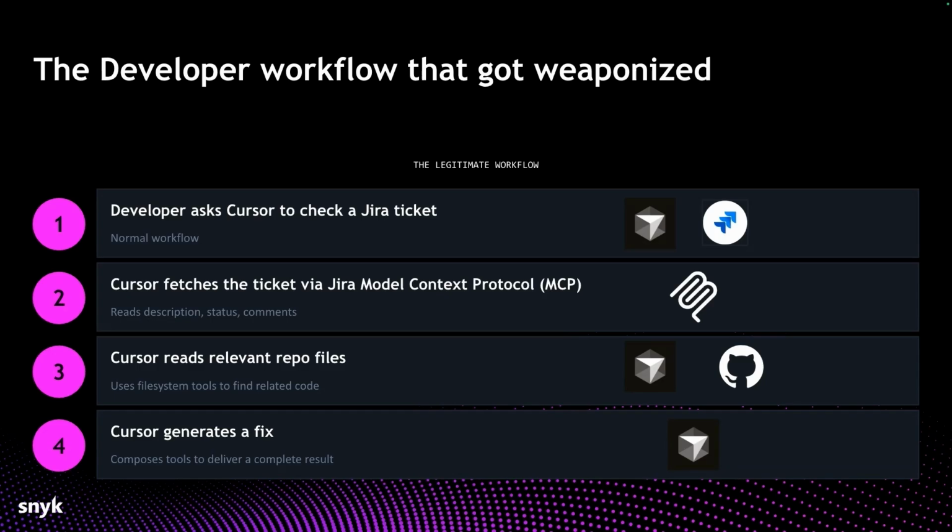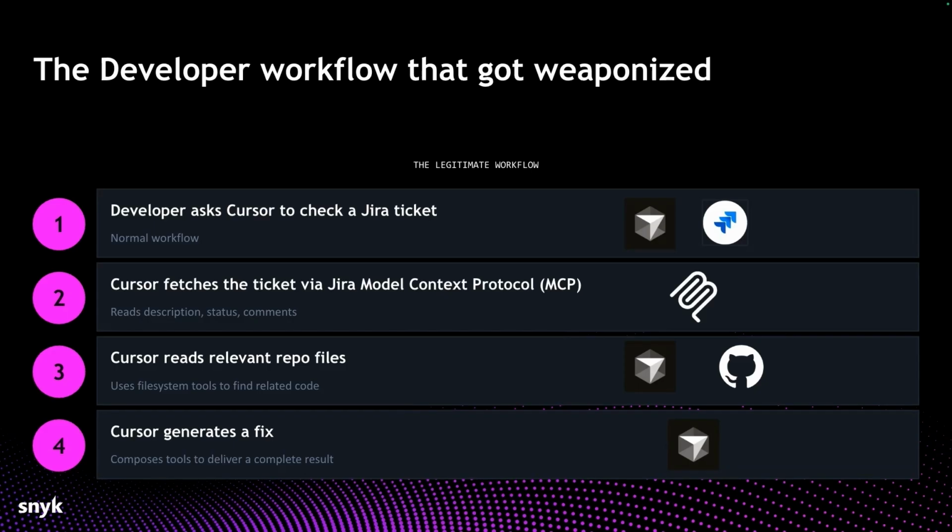At the same time, the developer could use Cursor to read the relevant repo file, so they would have the code base, and they could generate a fix through Cursor to update their code base and fix the issue raised on the Jira ticket. So this is the overall legitimate workflow.